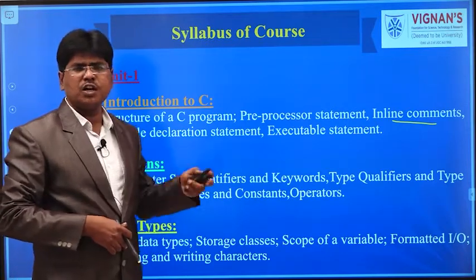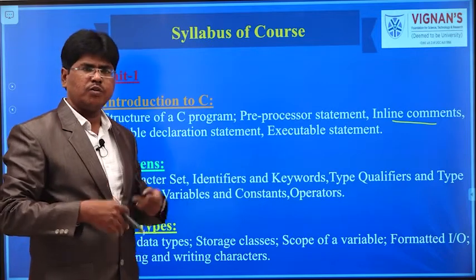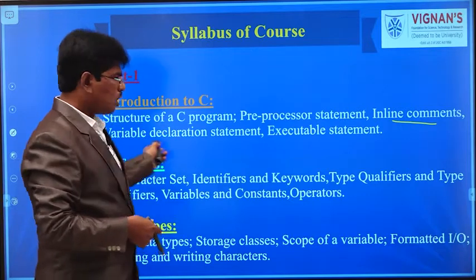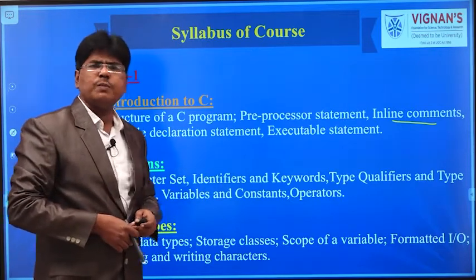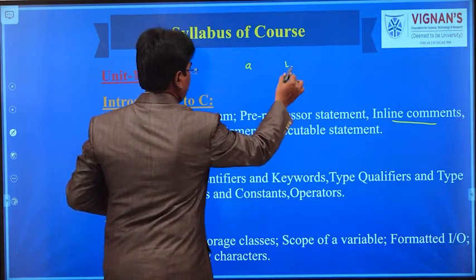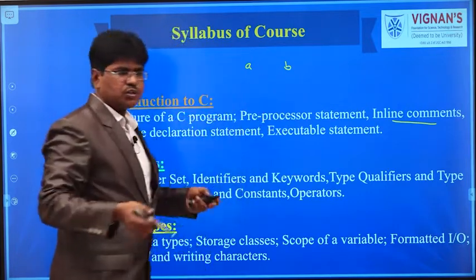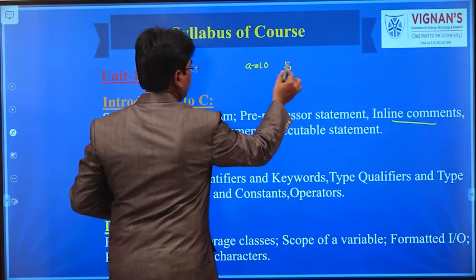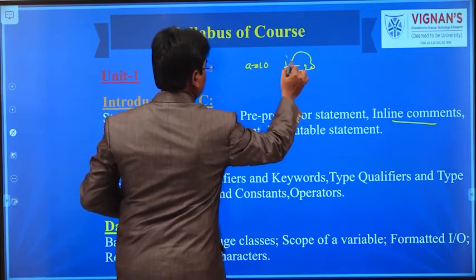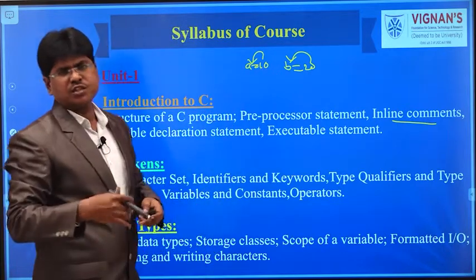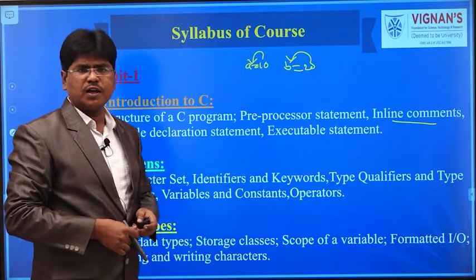In that concept, we will study what a comment is and the different types of comments. Coming to variables, we will use variables in our programming. For example, if we take A and B, generally we store values in variables. If you take A equal to 10 and B equal to 20, we store 10 into A and 20 into B. These are the data values that we store in the variables.